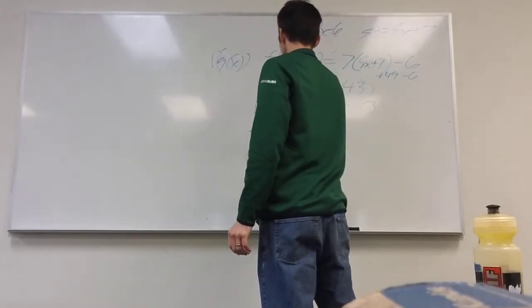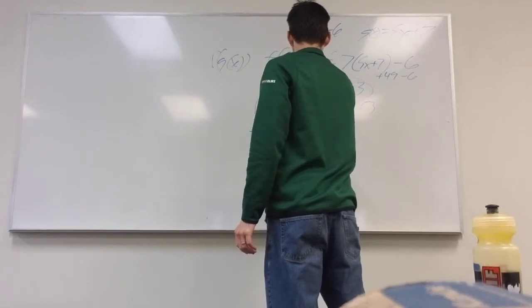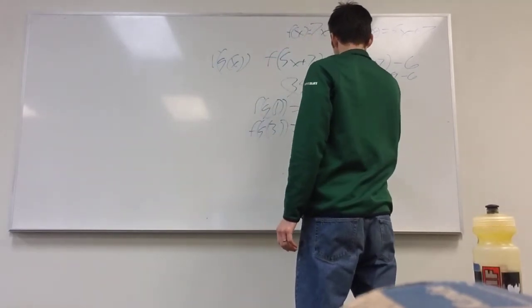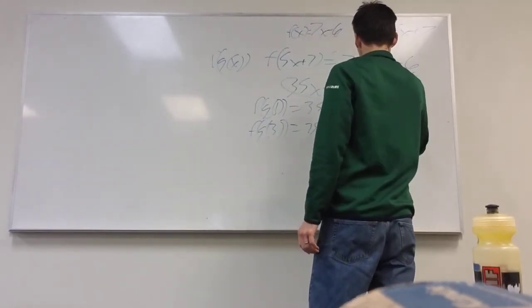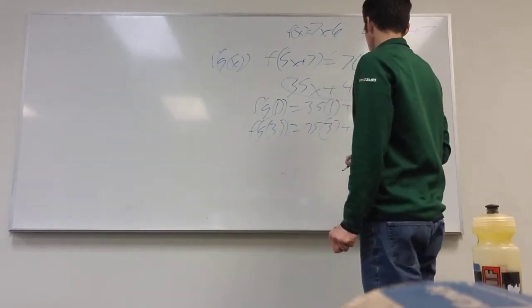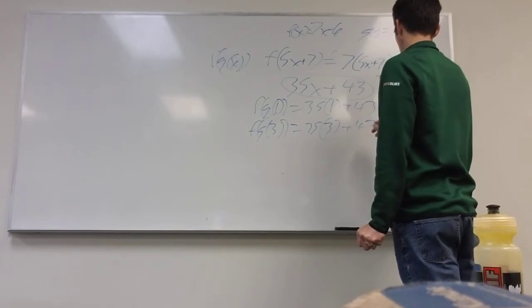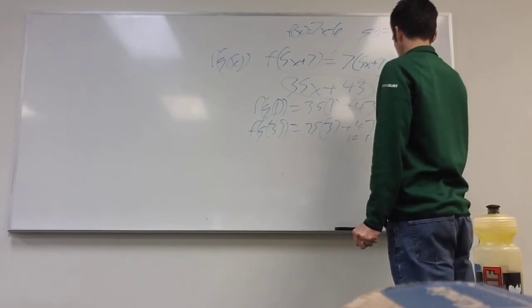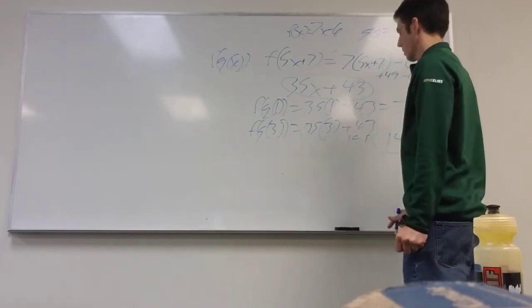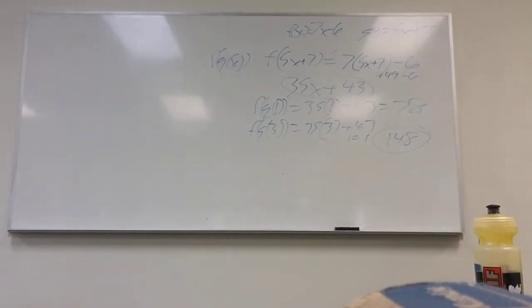And the f of g of 3 is 35 times 3 plus 43. That's 105 plus 43, 148. Right? Okay? So, all right.